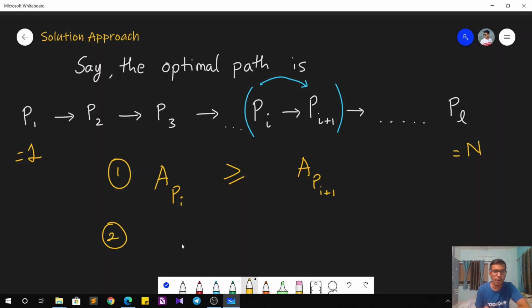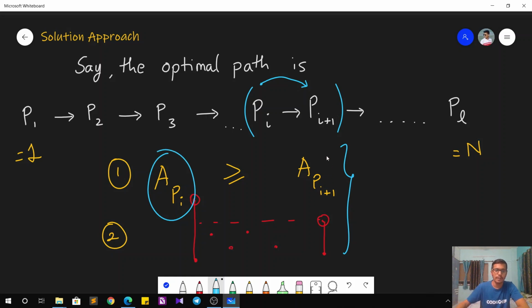If I draw a graph, let's say this is the point Pi, this is the point Pi+1, this is the height over here, this is the height over here, then all the points in between are going to have a height which is less than this height, correct? Because according to the question, only then it is a legal jump. So using these two facts, what we can say is that this height A of Pi, okay, let me write it below.